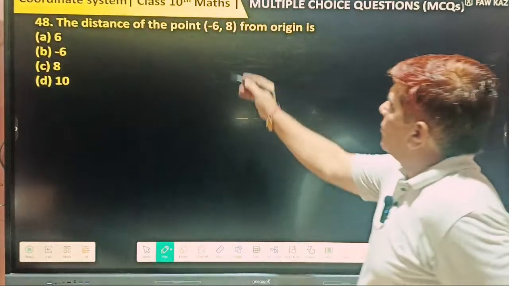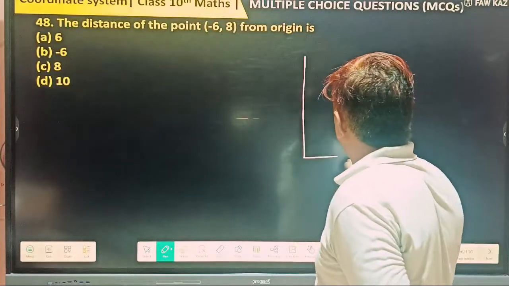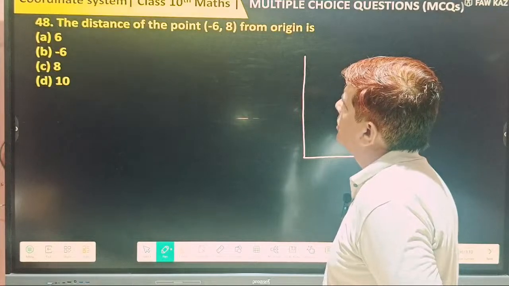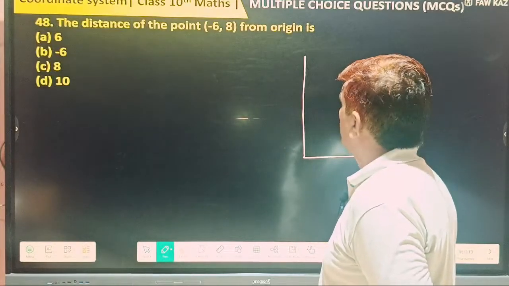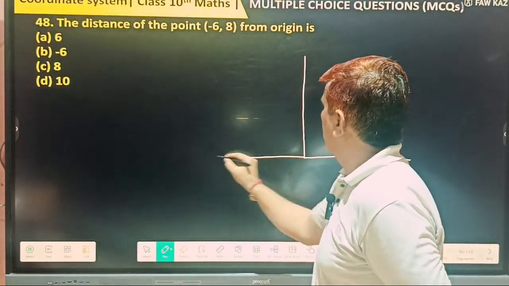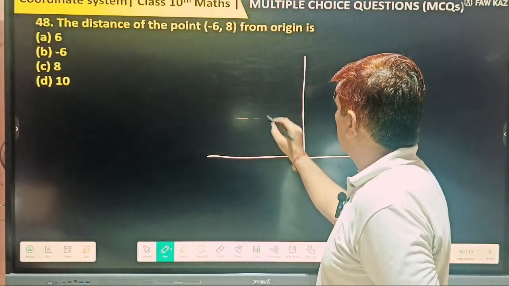The distance of a point from the origin is... So the distance of the point, which point? This has x-axis here, how much here?